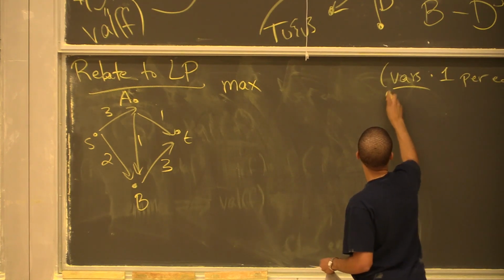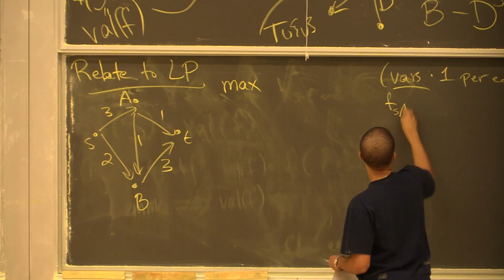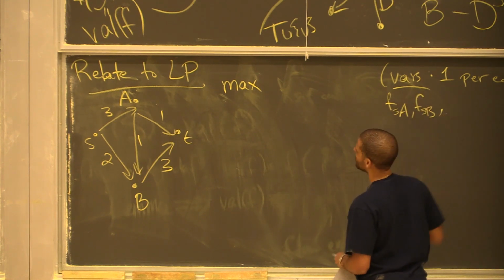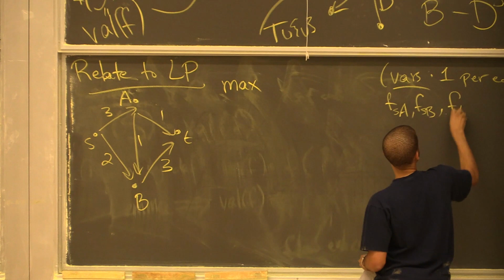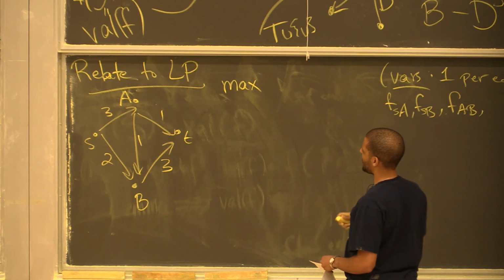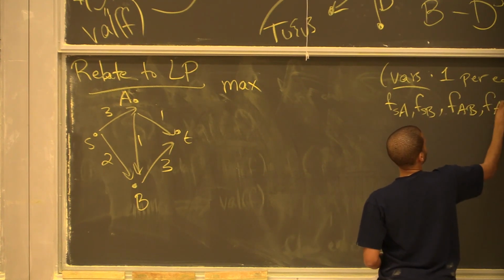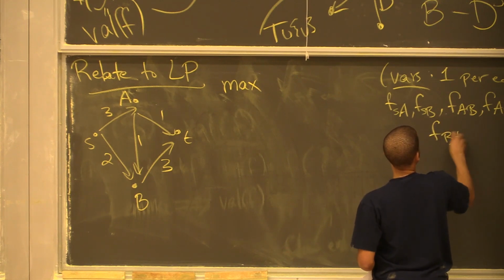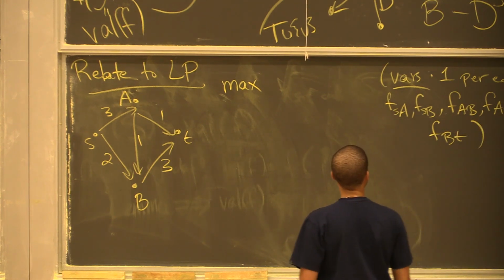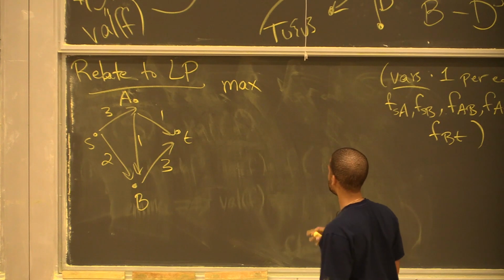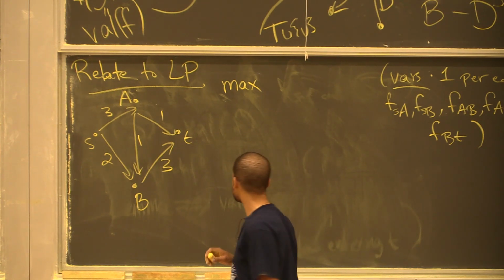So I have variables f of SA, f of SB, f of AB, f of AT, and f of BT. So I have 5 variables, one per edge.